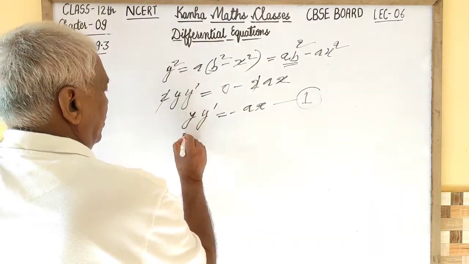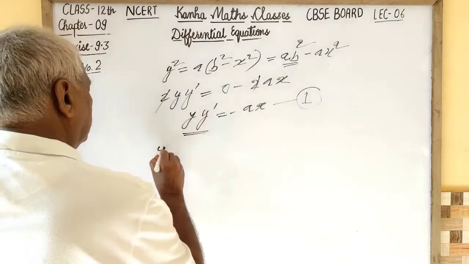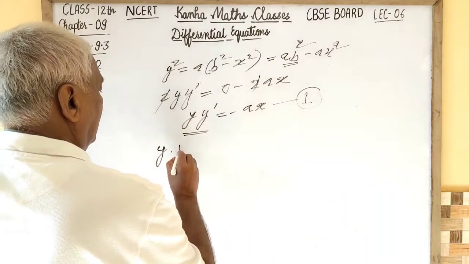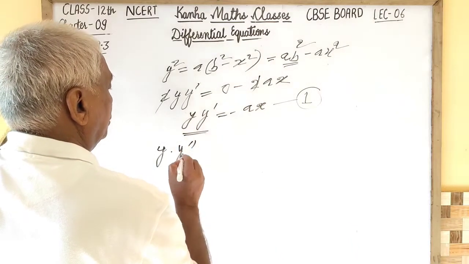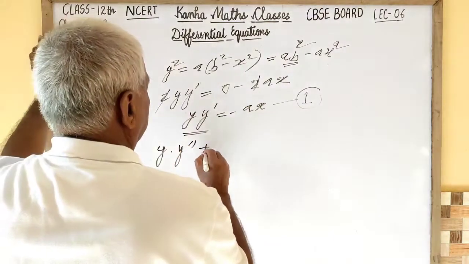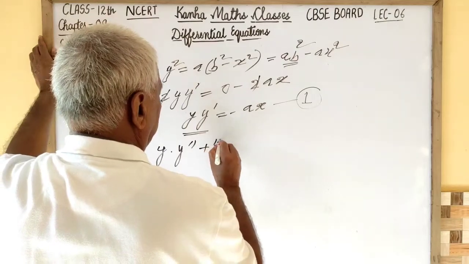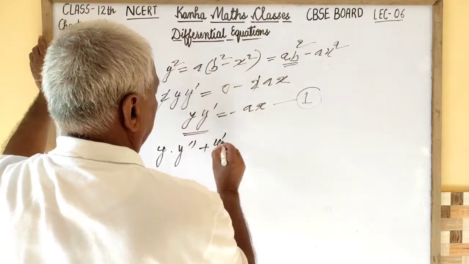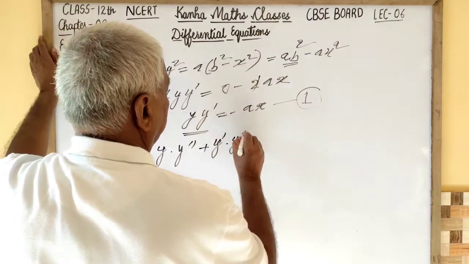Further, you will differentiate and find the next derivative, the product of two functions: first function into the derivative of the second, that is y double dash, plus the second function y dash times the derivative of y, which is y dash.